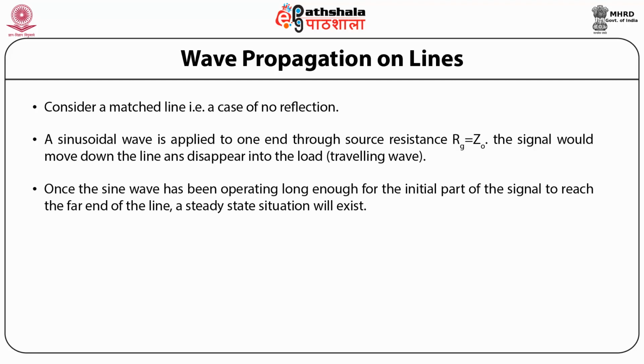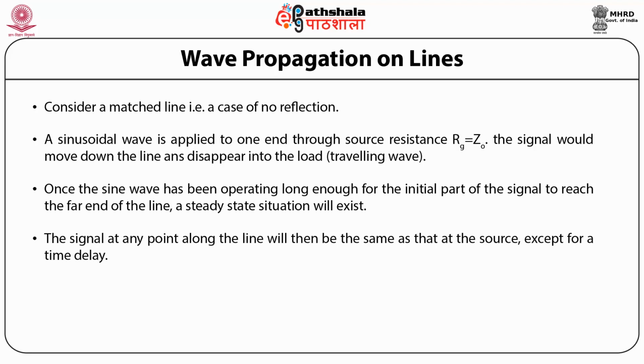Once the sine wave has been operating long enough for the initial part of the signal to reach the far end of the line, a steady state situation will exist. So the signal at any point along the line will then be the same as that at the source, except for a time delay.